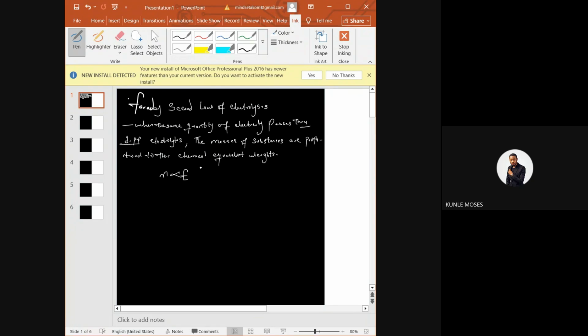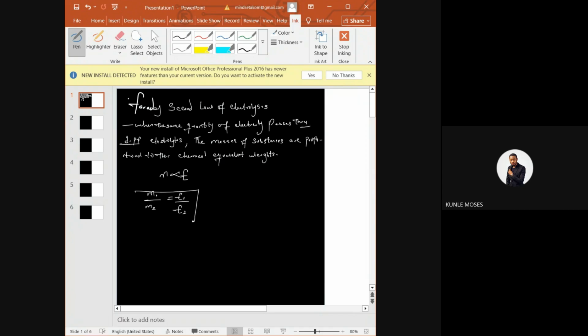Now, there are so many times when we have more than one mass of a particular substance. So it simply means we can have our M1 in ratio to the second mass, M2, also directly proportional to the equivalent weights, which is equal to the first weight and the second weight.